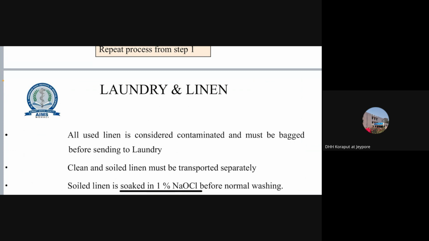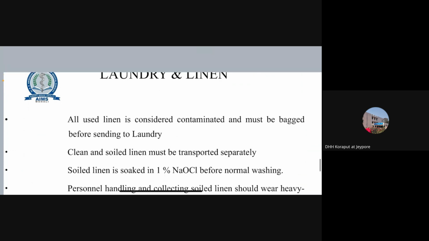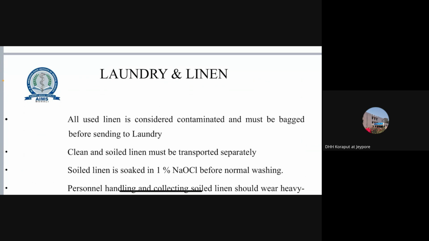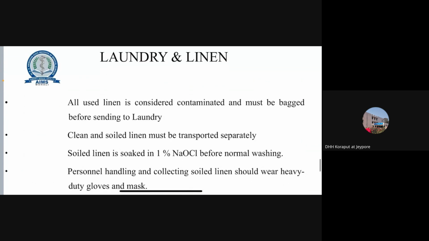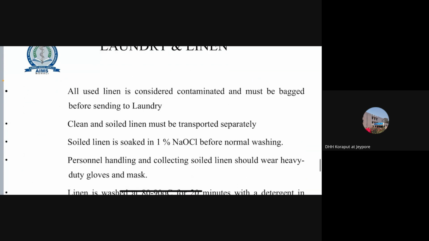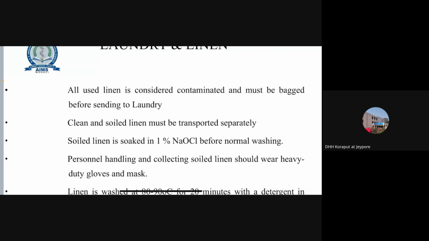All the used linen is considered contaminated. It must be bagged before sending to the laundry, and clean and soiled linen must be transported separately. If it is soiled with blood or any other patient's fluid, it should be soaked in 1% sodium hypochlorite before normal washing.